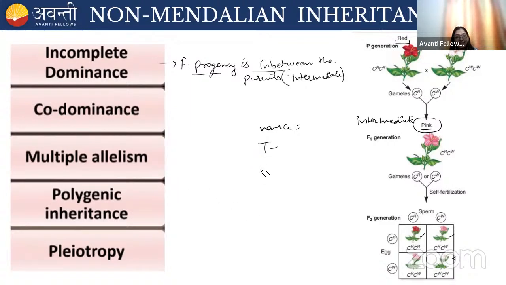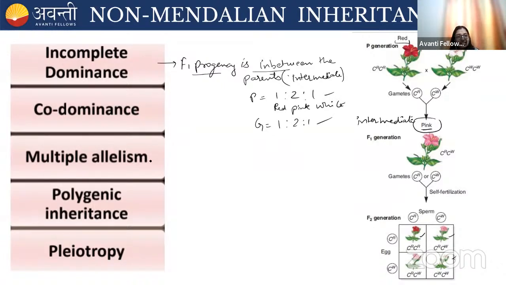That means remember, in case of incomplete dominance, you are observing that the phenotypic and the genotypic ratio are the same. The phenotypic ratio is 1:2:1, that is one red, two pink, and one white. And the genotypic ratio is also 1:2:1. So the phenotypic and the genotypic ratio are the same in case of incomplete dominance.